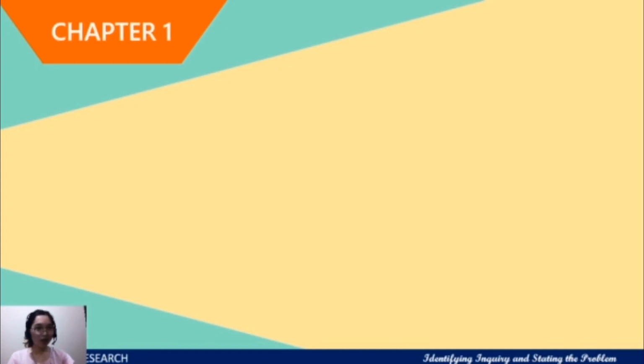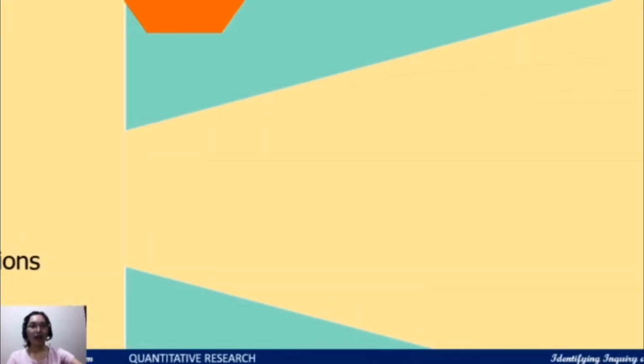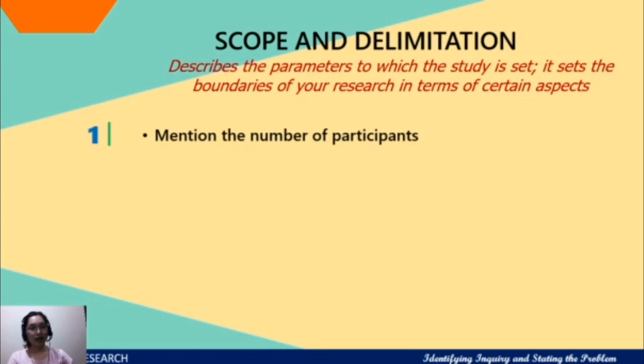What is this one naman? Right? Scope and delimitation describes the parameters to which the study is set. It sets the boundaries of your research in terms of certain aspects. So, as the name suggests, meron siyang scope, meron siyang nasasakupan hanggang saan lang.